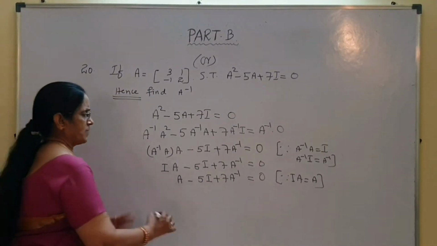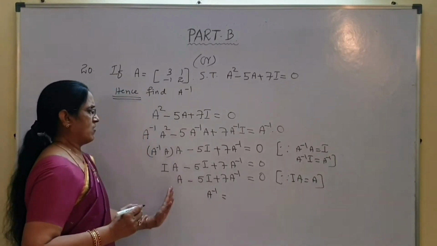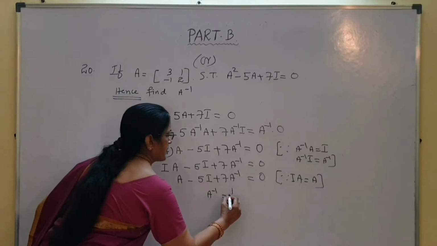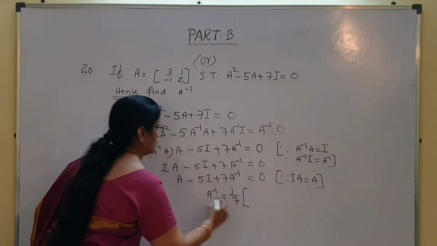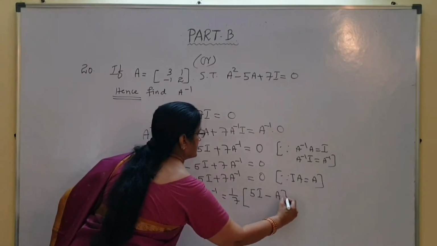So let me keep A inverse on my left hand side and take all the remaining terms to the right hand side. I will be getting 1 by 7 into 5I minus A.